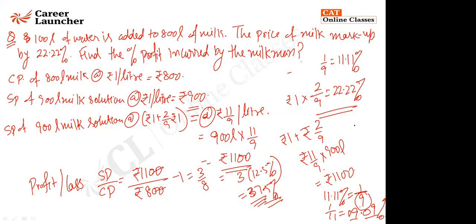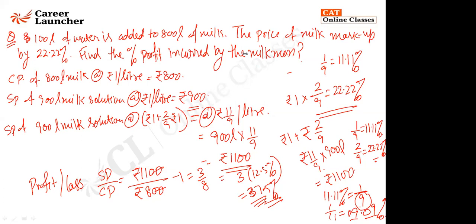So Vatsala, we know that 1 by 9 is 11.11%. So 2 by 9th of it will be double of it, which is 22.22%. So that's why I'm saying the price increases by 2 by 9. So I can use the microphone and explain.